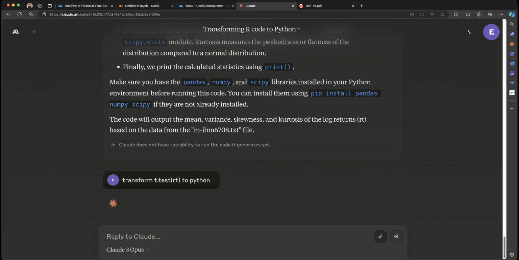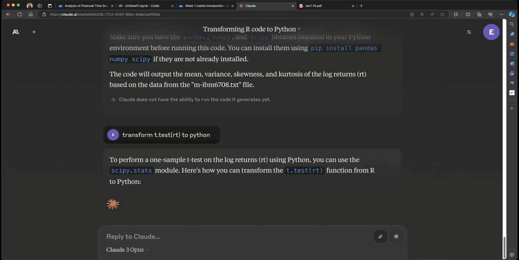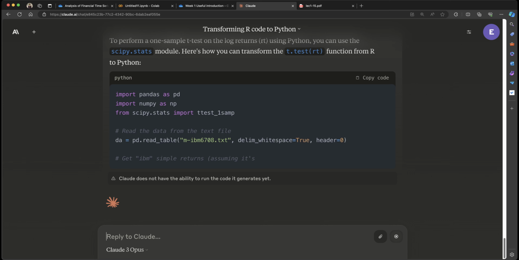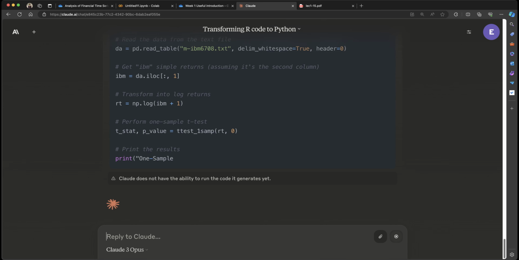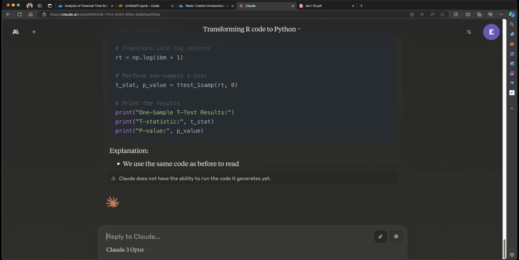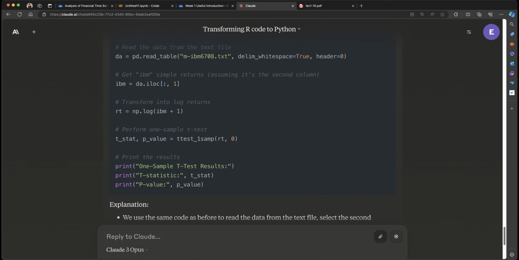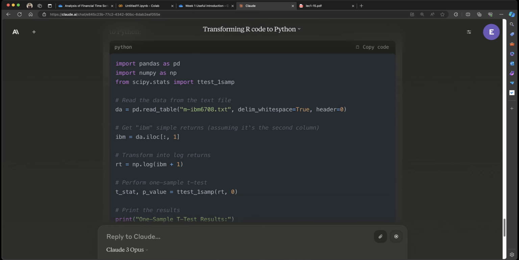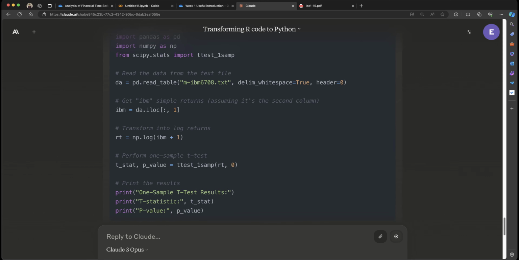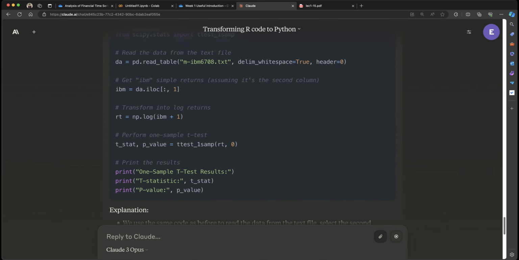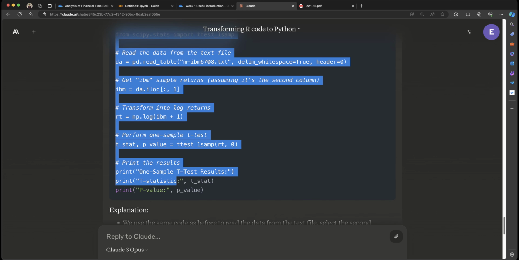It looks like a one sample t-test with a p-value. So we can copy only the relevant part over here.